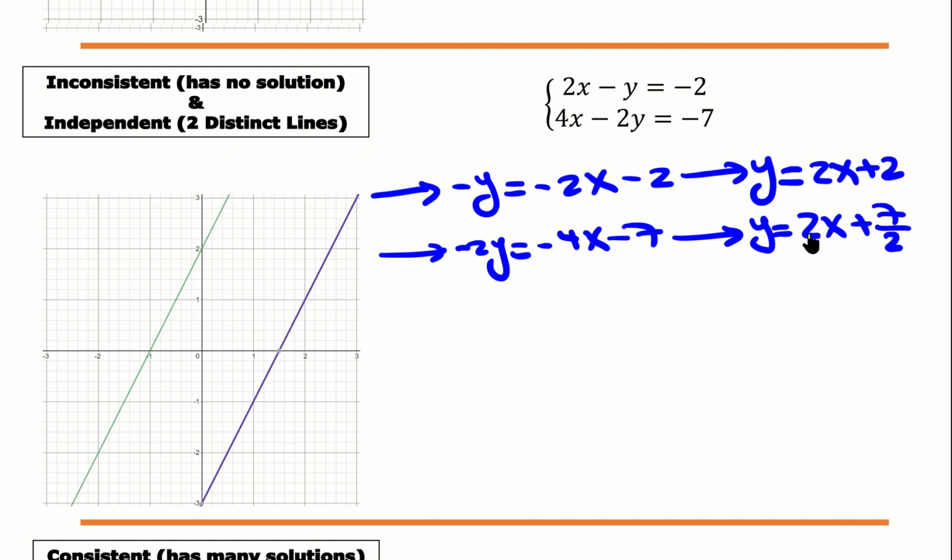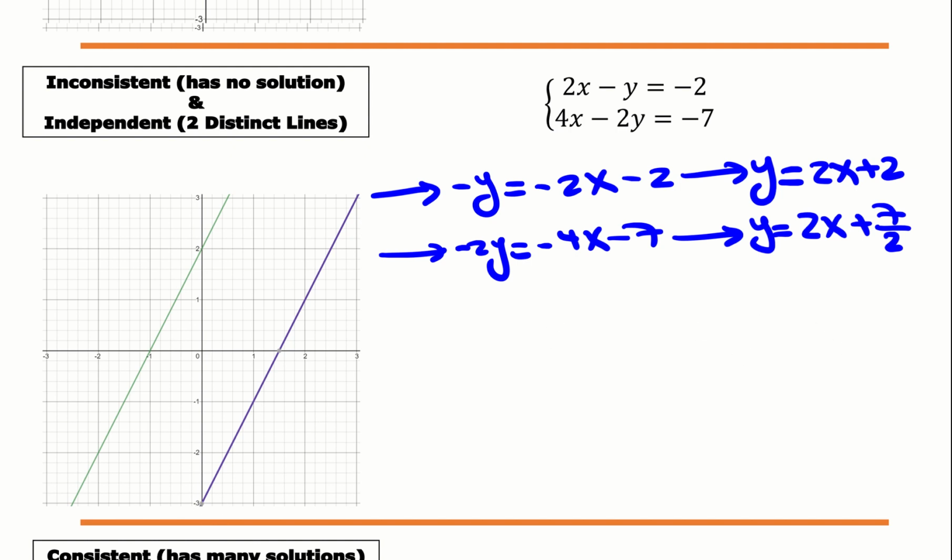So what we need to notice here is that we know that parallel lines have the same slope. Notice here we got the same slope, but also notice this is very important, that the y-intercepts must be different, because if the slopes are the same, that means the lines are parallel, and if the y-intercepts are the same, that means they would be the same line.